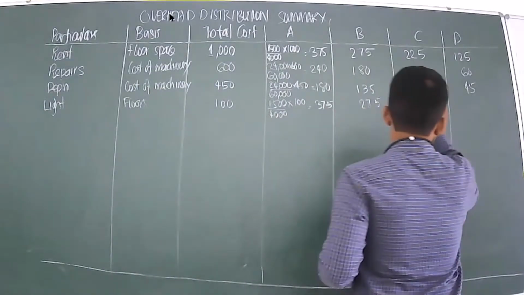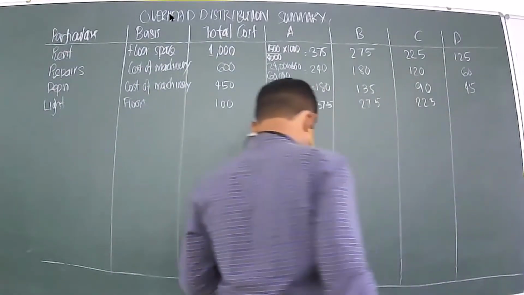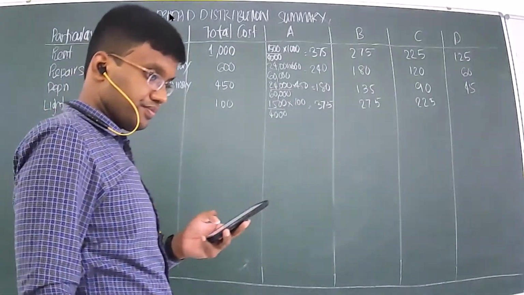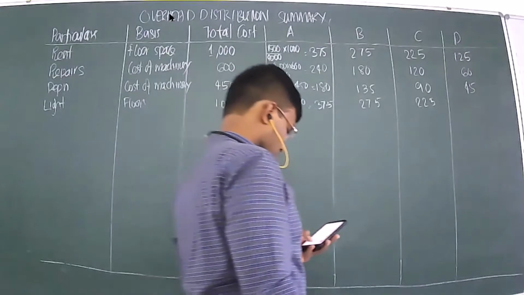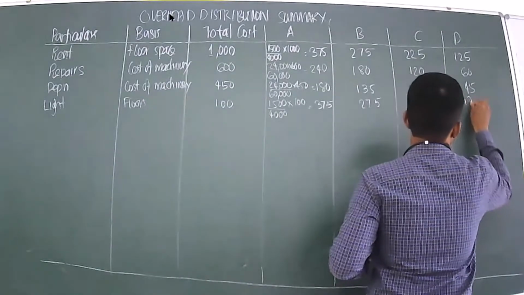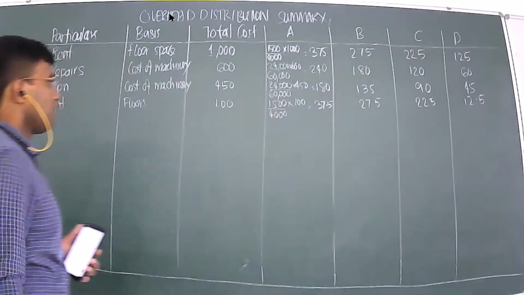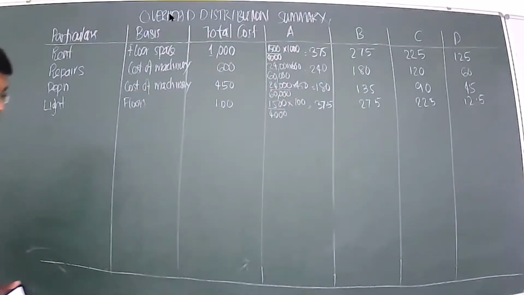This will be 22.5. And this will be 12.5. So this is how we would be apportioning for light.